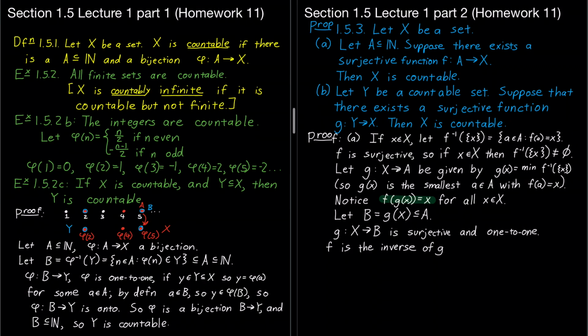So f is a bijection from B to X. f is not necessarily a bijection from A to X, but it is a bijection from B to X. And B is a subset of the natural numbers, so X is countable.